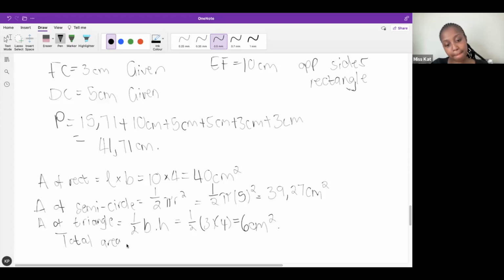So then total area is 2 of these triangles. Remember, there's 2 of the same triangle, so it's 6 plus 39,27 plus 40. And that's going to give us what? Yes, Chi-Chi.